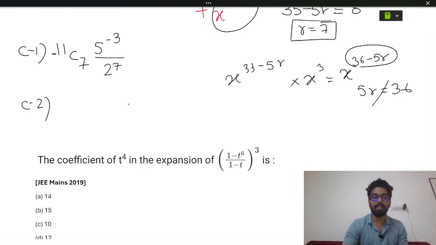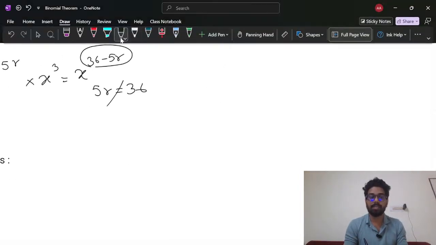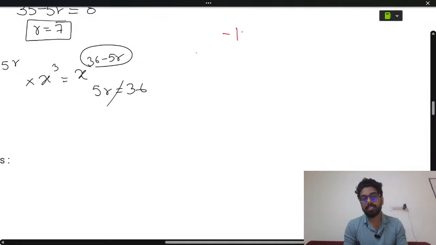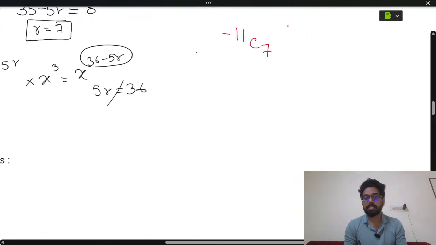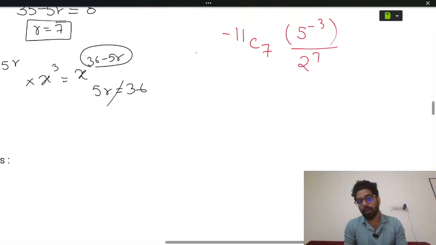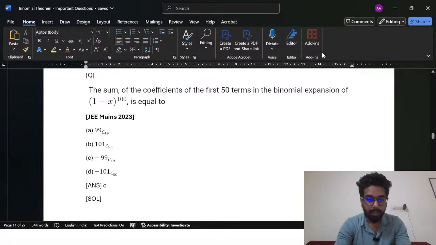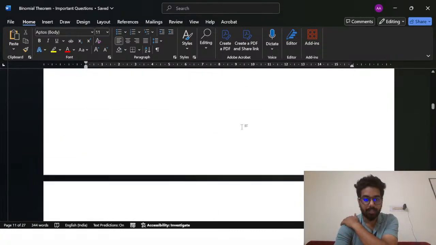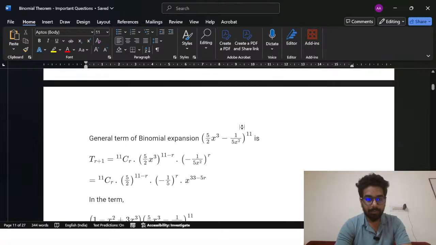So the only possibility is minus 11C7 is the coefficient into 5 to the power minus 3 divided by 2 to the power 7. This is our answer, and I guess I forgot to add the, wait a minute, this is our question number 3. Wait a second, yeah, this one.